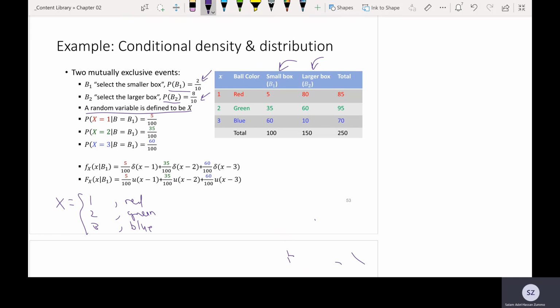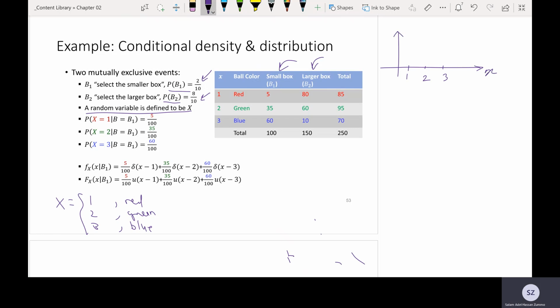So we know the shape. The only remaining thing is to find the probability, because the probability of x equal 1 gives you the length of the delta at 1, and similarly for 2. So let's find out what the probability is. Basically, we have 1, 2, 3, and this is x.